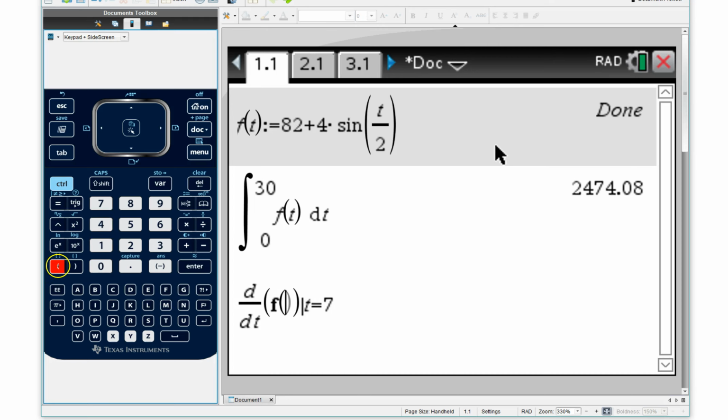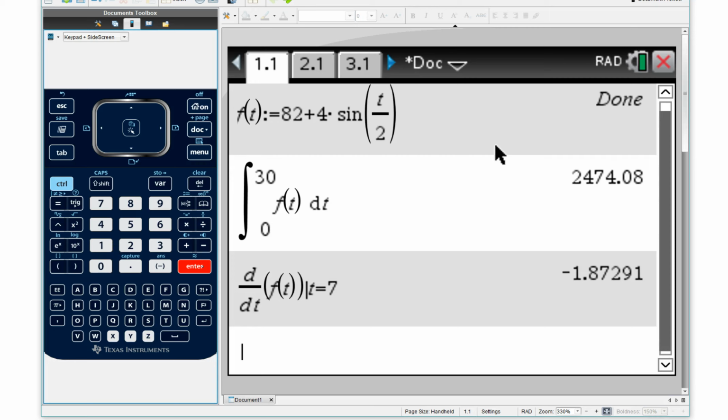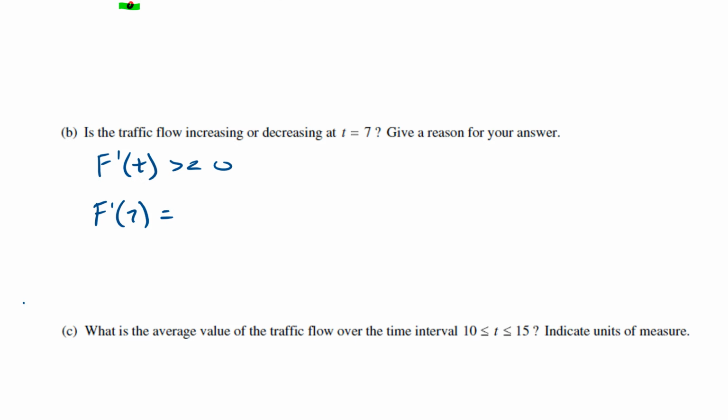f of t. And it's going to give me negative 1.873, and that is less than 0. So what does that tell me? It tells me that it's decreasing.